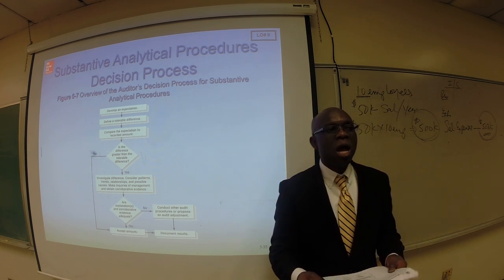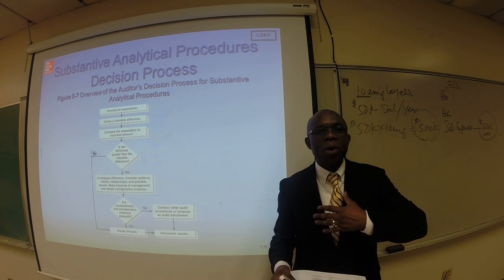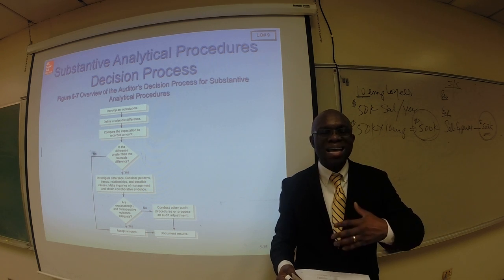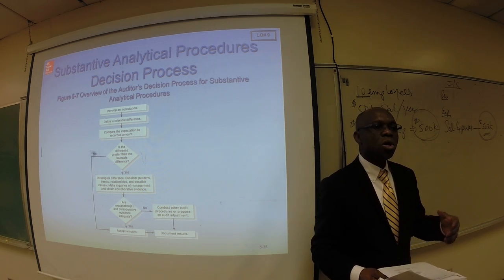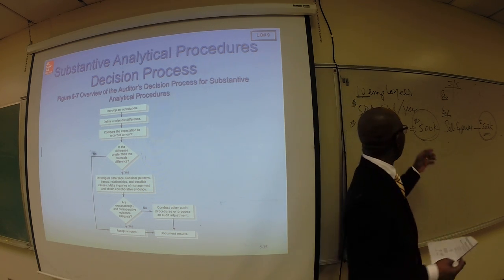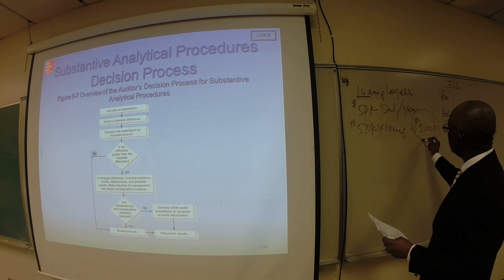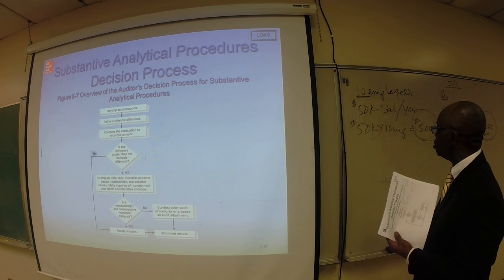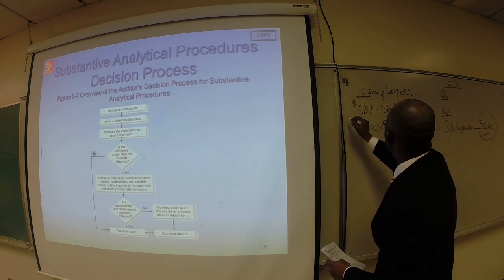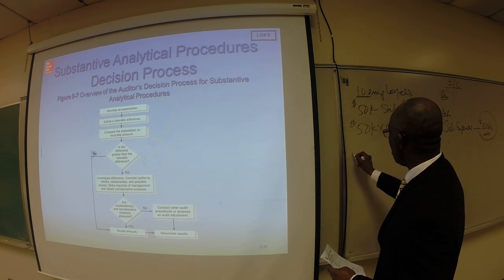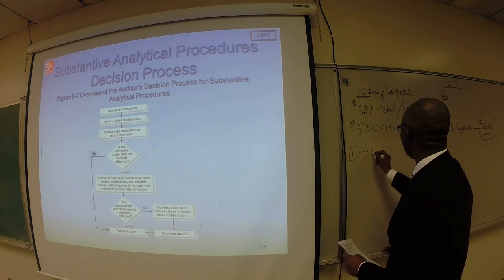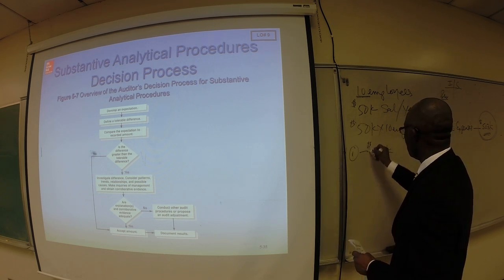Number 2, define a tolerable difference. In other words, how much difference is the auditor willing to accept, the difference between what you expect and what they actually record. So number 1, we develop an expectation, and our expectation is $500,000.